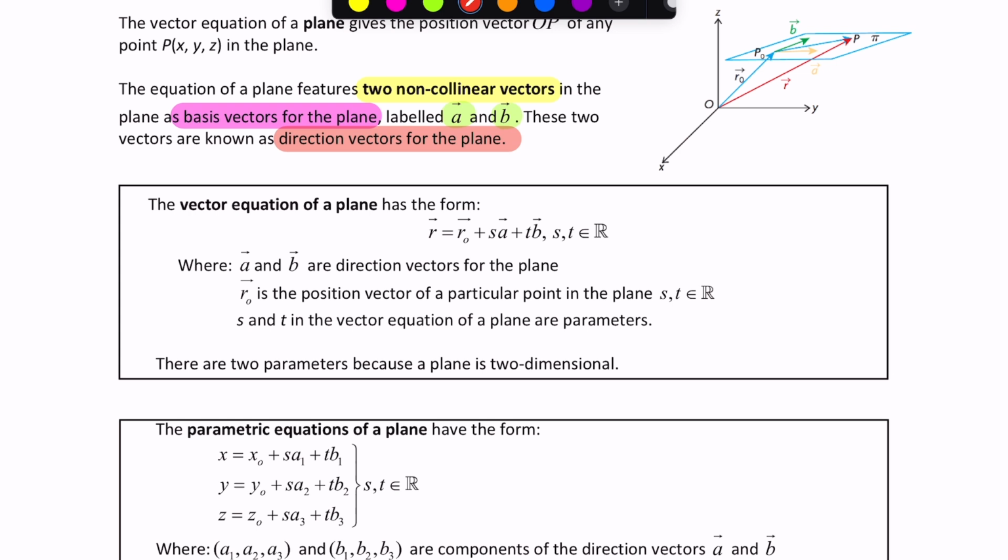So here, the vector equation of a plane has the form: the position vector r is equal to r0, the vector r0, plus s times vector a, s being a scalar, plus t times vector b, and t being a scalar as well, with s and t both being elements of the real numbers.